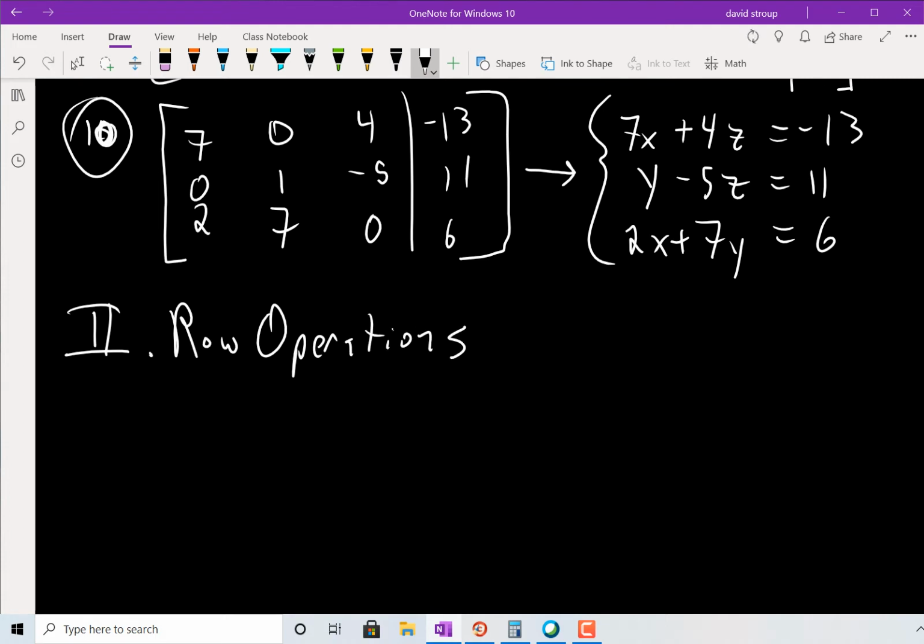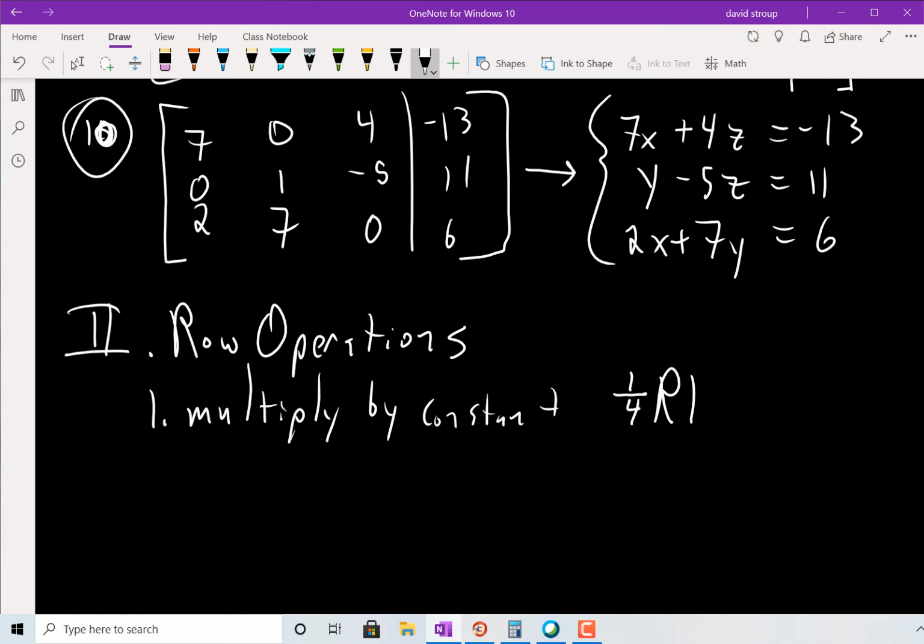What are some of the things you could do? You can multiply by non-zero constants. The notation for that would be something like 1/4 times row 1. So you have to let the reader know what you're doing.